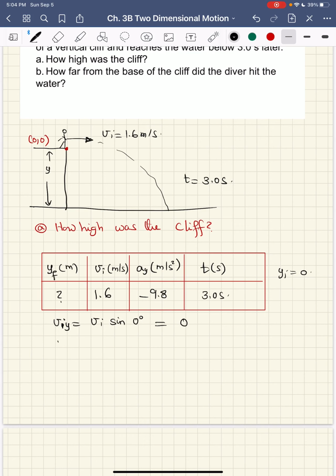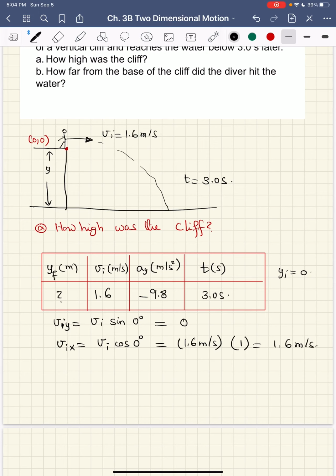There is another velocity which we call VIX, and that one is VI cosine theta, and cosine 0 is really 1. Okay, therefore if I have a velocity which is 1.6 meters per second, cosine 0 is 1, then this is going to be 1.6 meters per second.